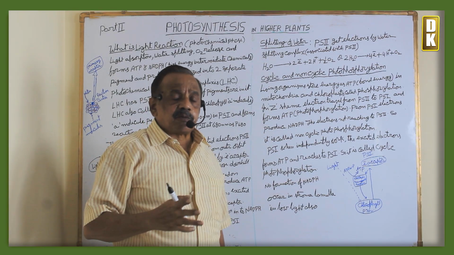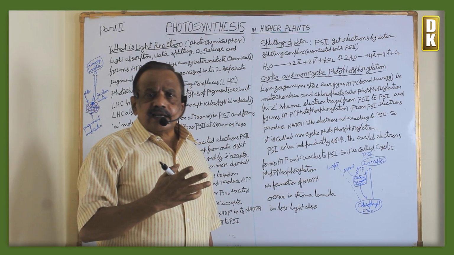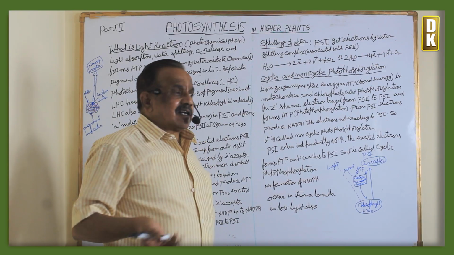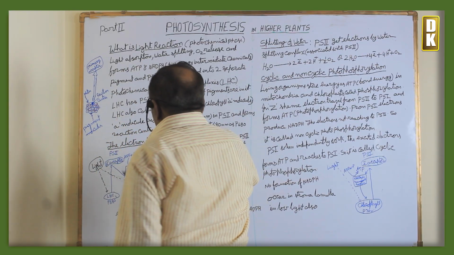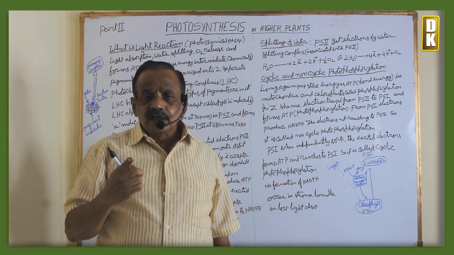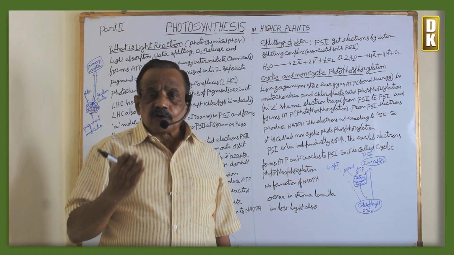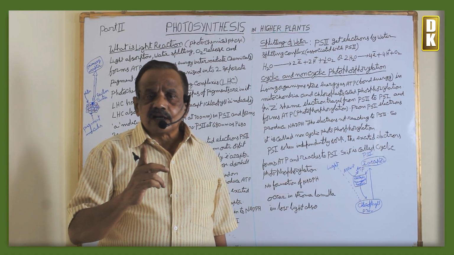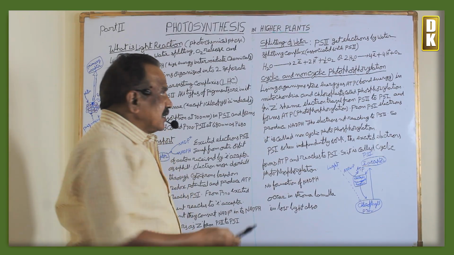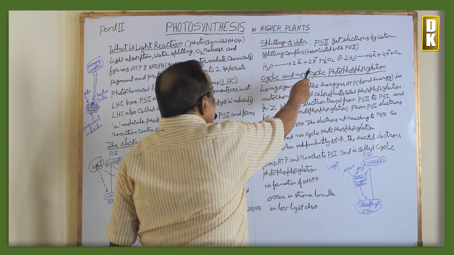By that time, if your production is high, in high light, the atoms will be more. It will react with the chlorophyll molecule. One more place also he has given, photooxidation from which the pigments will be protected: the accessory pigments. So this is photooxidation, by this oxygen.